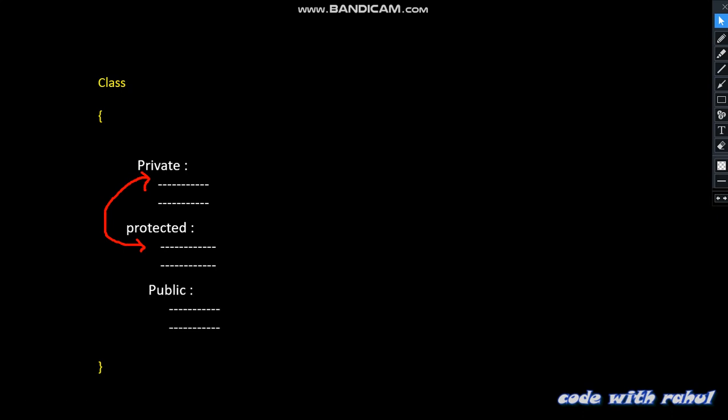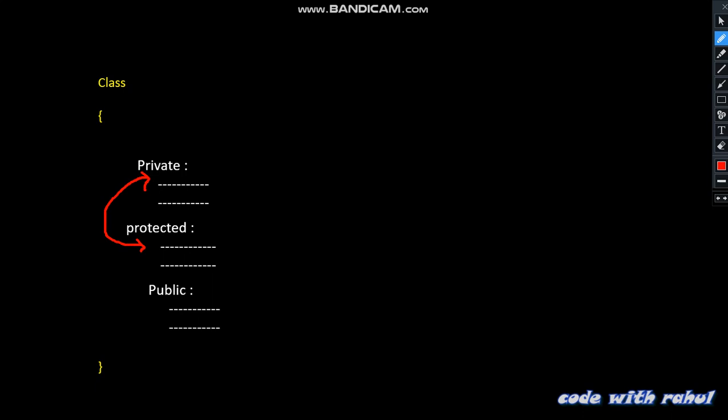Then the third one is public. Public is the most free access specifier. It means that whatever data we store in the public access specifier can be accessed inside the class, outside the class, and by many other functions.